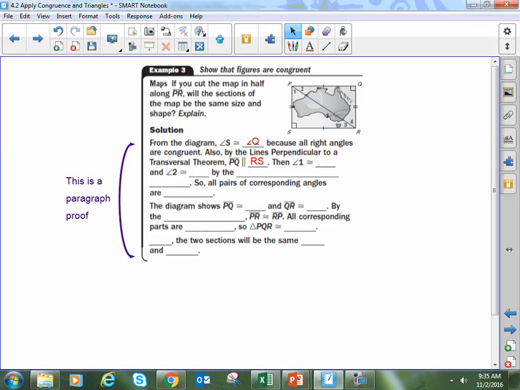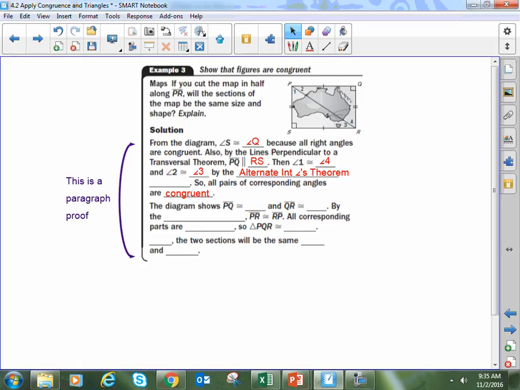So that means angle 1 must be congruent to angle 4, and angle 2 has to be congruent to angle 3, because alternate interior angles are congruent when you have parallel lines. So all of the pairs of corresponding angles also have to be congruent to each other for the same reason. When my lines are parallel, the corresponding angles are the same.